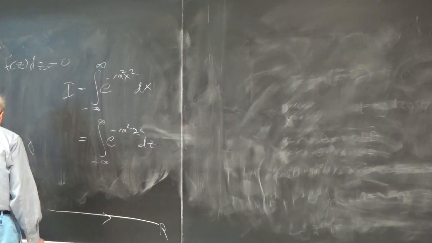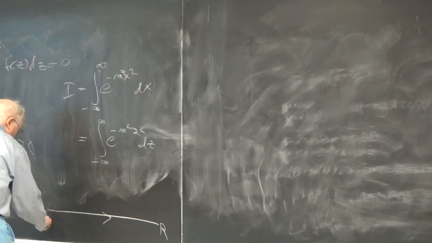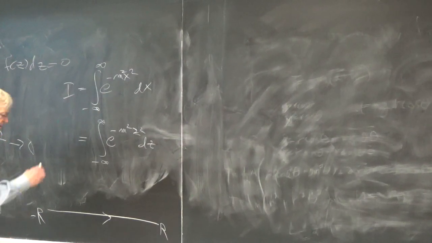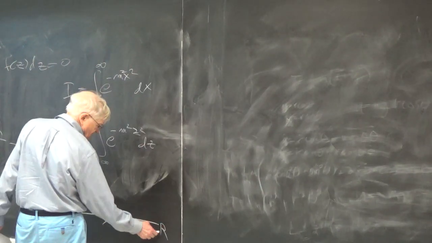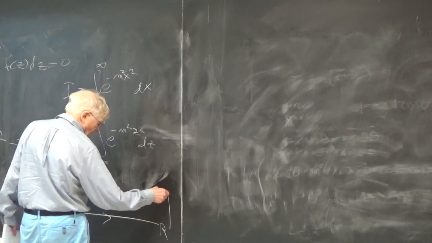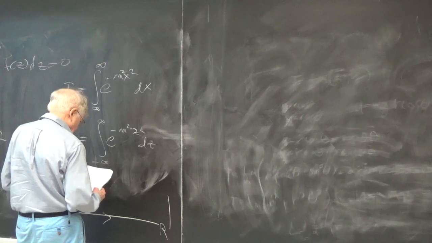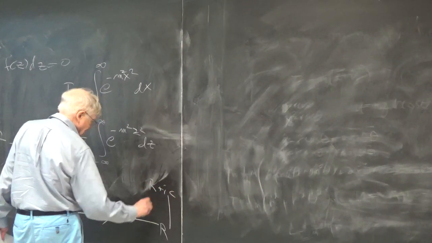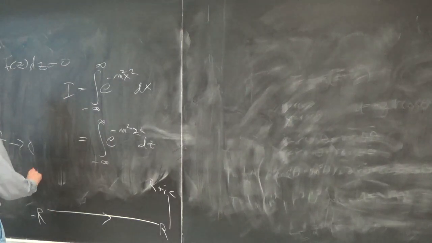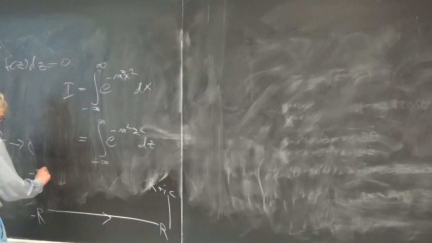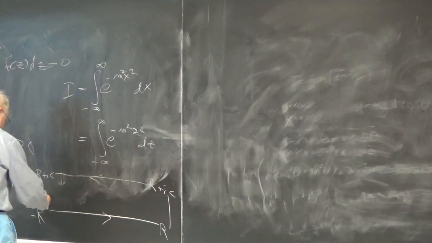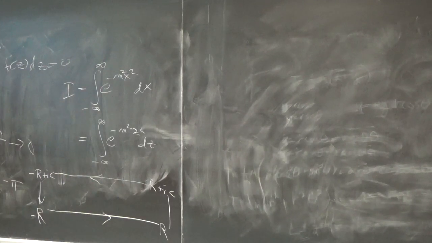Going from minus r to r, and we're taking the limit r going to infinity. But then we're going to add a ghost contour, and the ghost contour is going to go up to r plus ic, and then it's going to go to minus r plus ic, so it's going to go this way, and then it's going to go down like that.